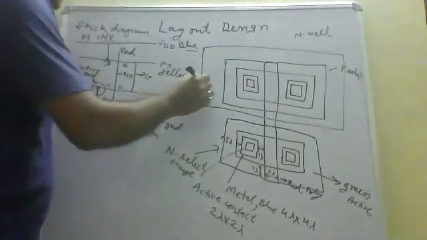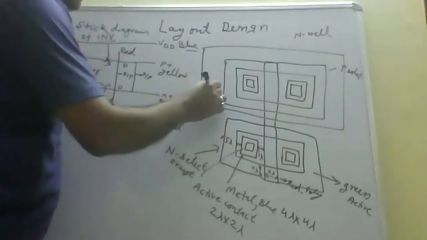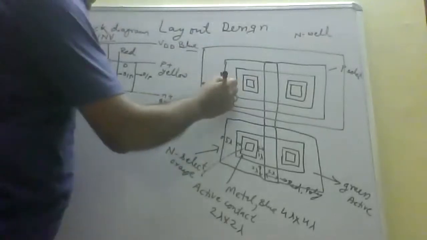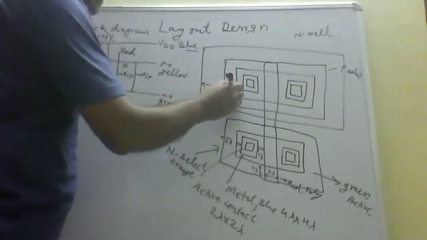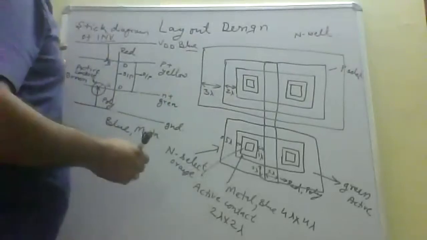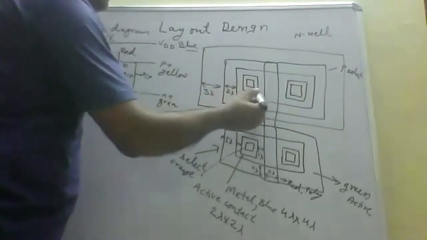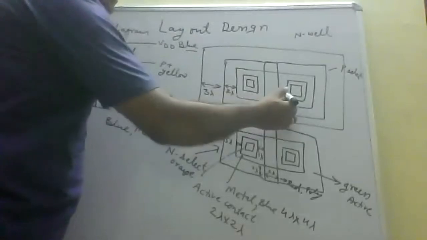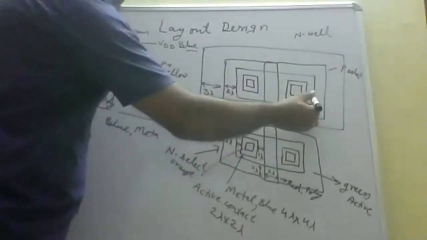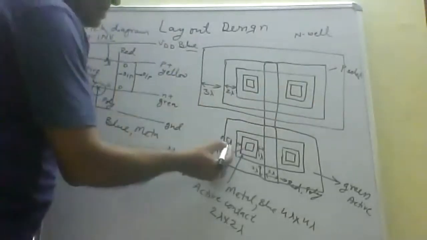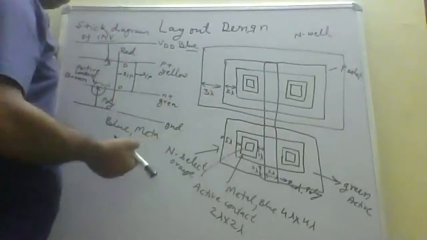Now this N well is 3 lambda away from the P select, and the P select is 2 lambda away from the active. This distance is 1 lambda, this is 4 here, this is 1 here, this is 1 here, this is 0.5, this is 0.5, same, right?